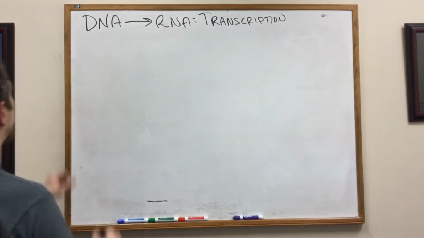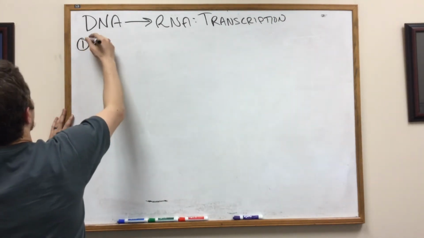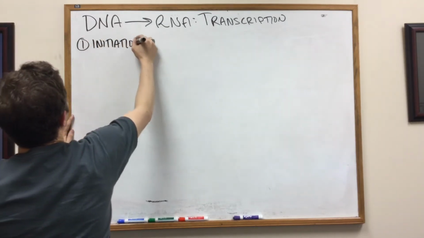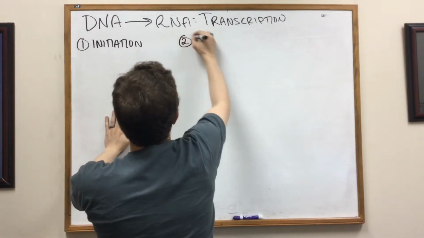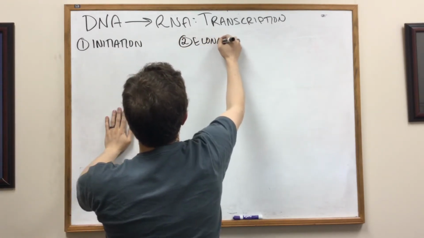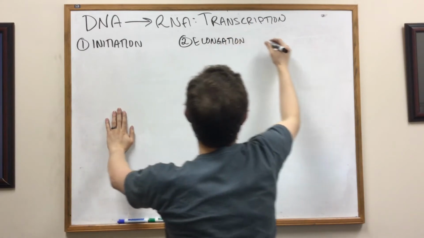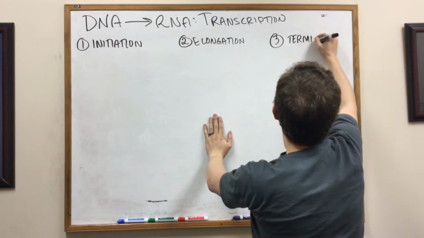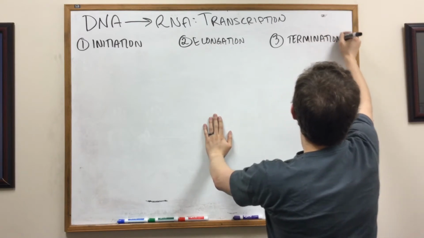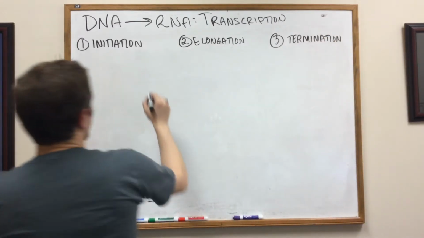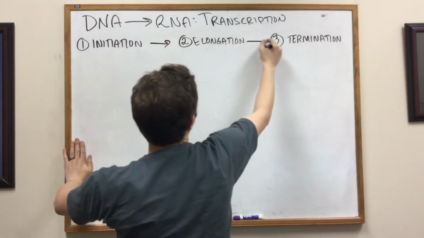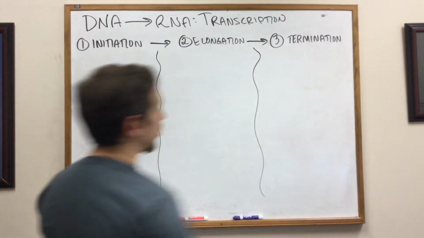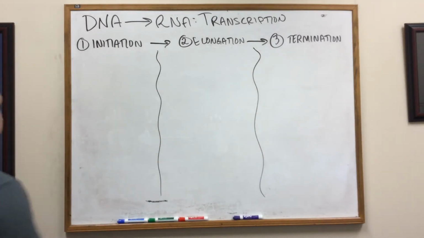Now, transcription is broken up into three sub-stages: initiation, elongation, and finally, termination. Okay. So, these three stages feed into each other. And let's talk about what's required for each of these to happen.